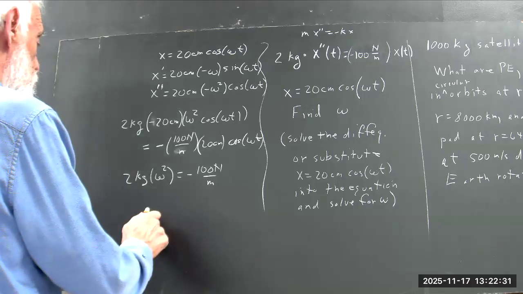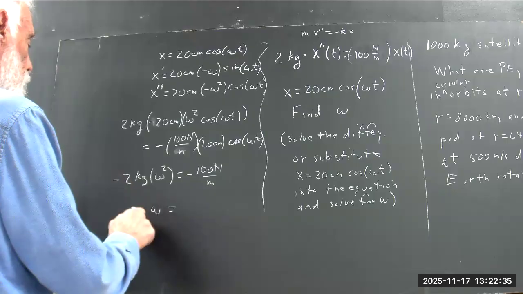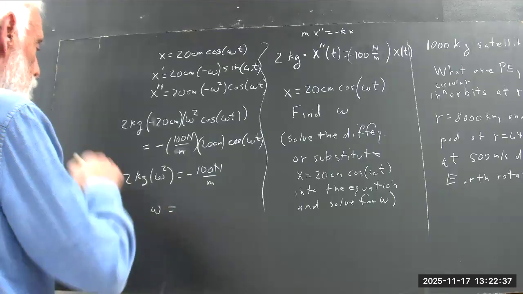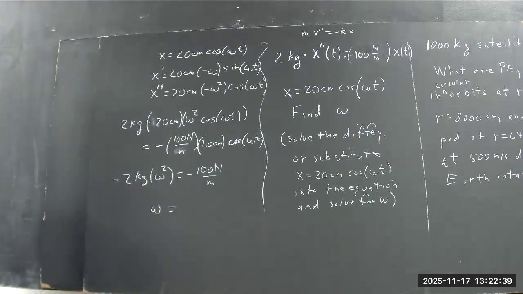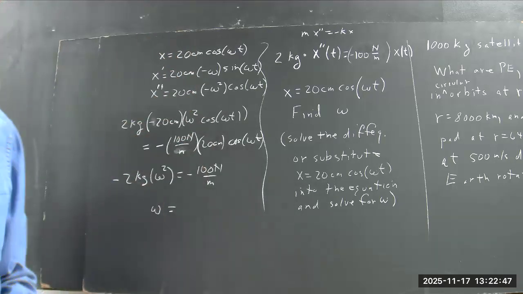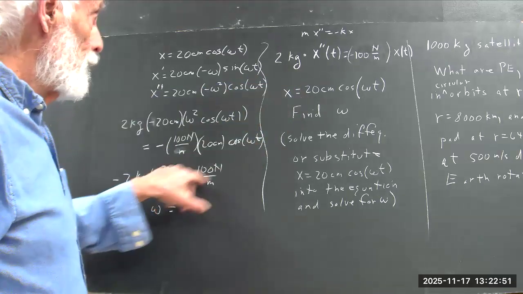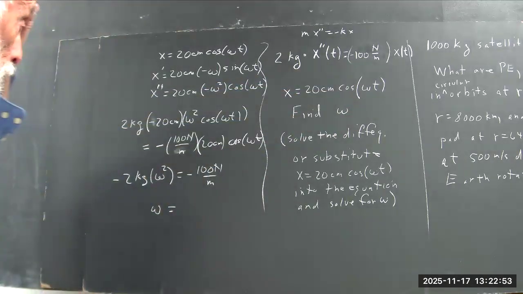So omega, and this should be negative over here. Got a negative sign here, negative sign here. This negative sign came from doing 2 derivatives of a cosine. And this negative sign was already there in the original equation.